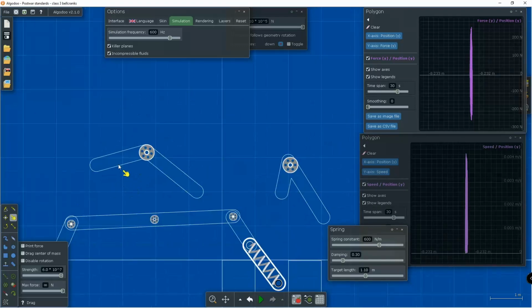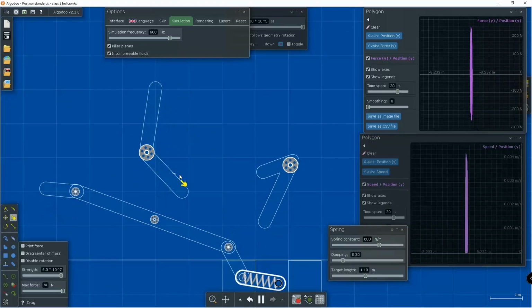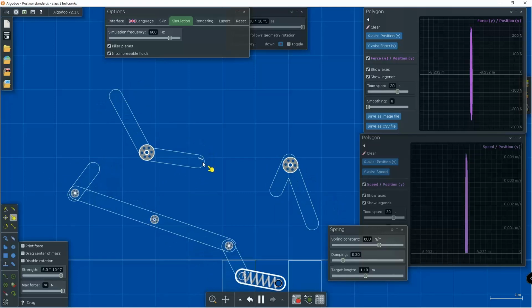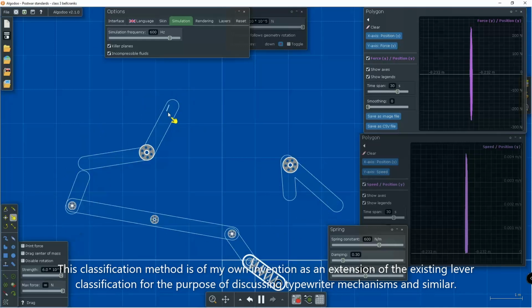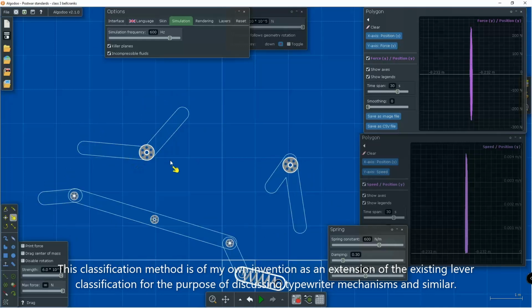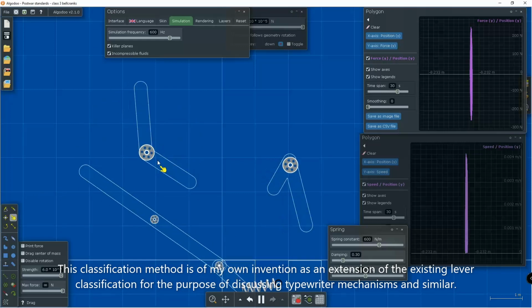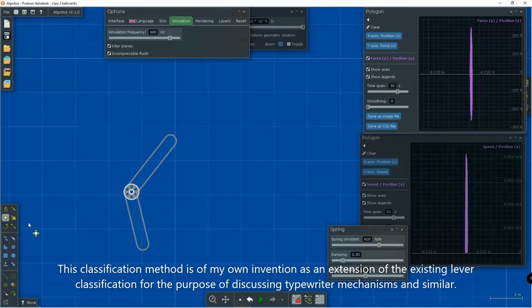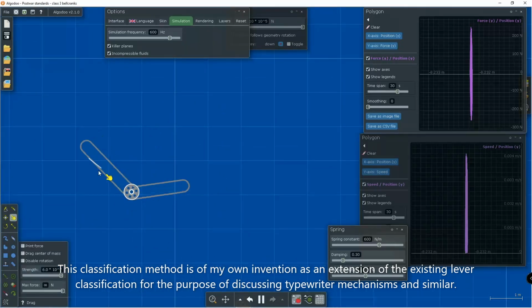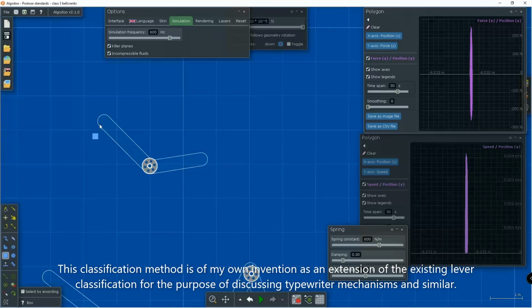And then, given that, for your bell crank, in order to determine its equivalent lever class, my method, which I've determined, is to take things with respect to the effort arm. So basically, let's say that you have an effort vector like so.